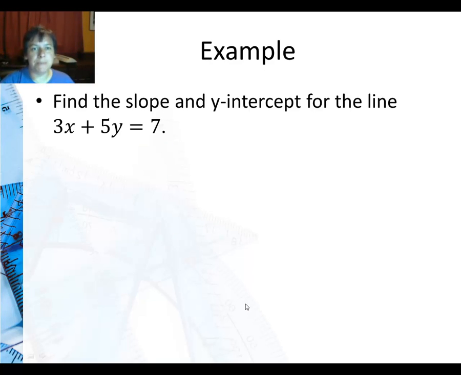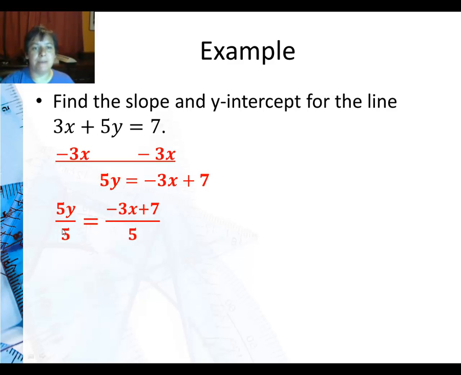So here's an example. I want to find the slope and y-intercept for the line 3x plus 5y equals 7. So I'm going to subtract 3x from both sides. I'm trying to solve for y. 5y equals -3x plus 7. I don't really want 5y equals. I want y equals. So I need to undo this multiply by 5 by dividing both sides by 5.